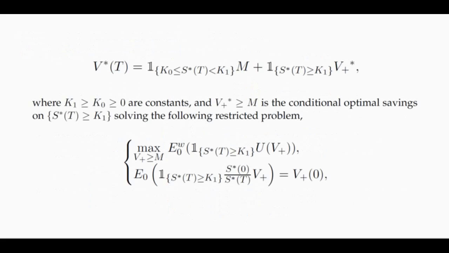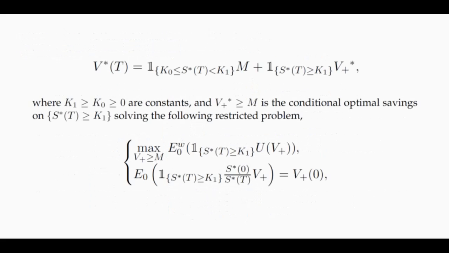It turns out that this optimal terminal wealth is given by the next expression, where M and V plus star are constants. Sorry, M is a constant, V plus star is a random variable, which is a solution to the next optimization problem. K1 and K0 are constants.